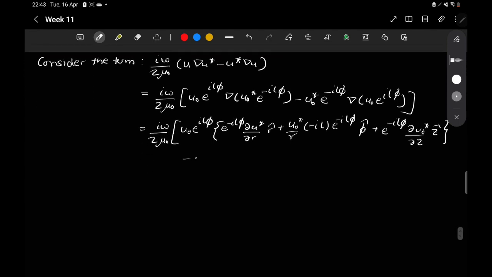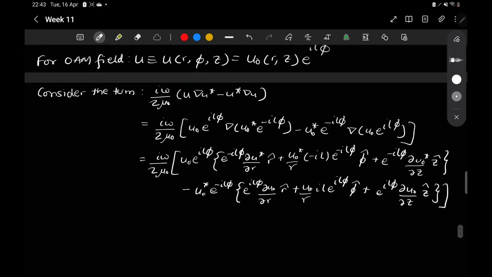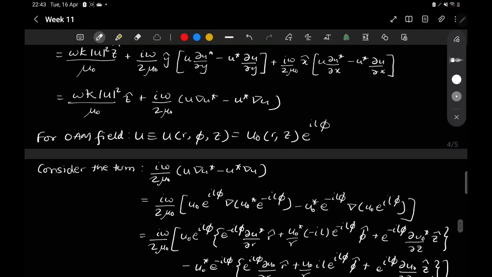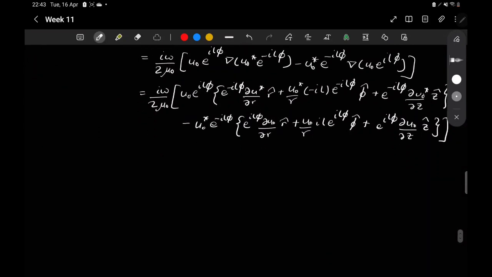Then the second term, thus we can then put this back into this Poynting vector and consider the phi cap component of the Poynting vector.